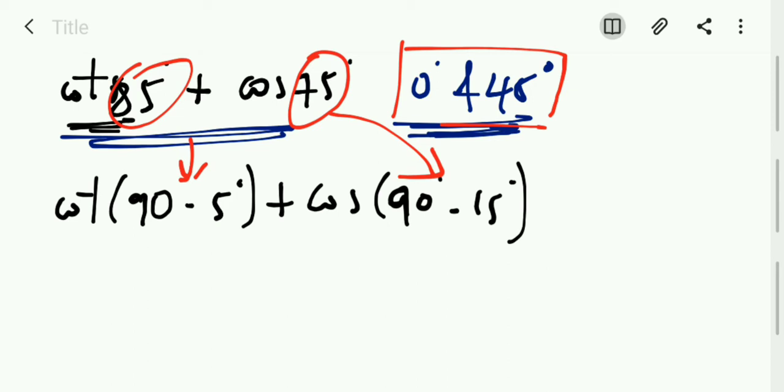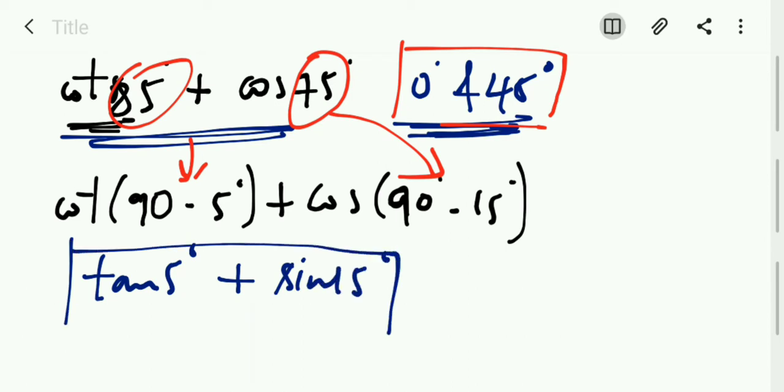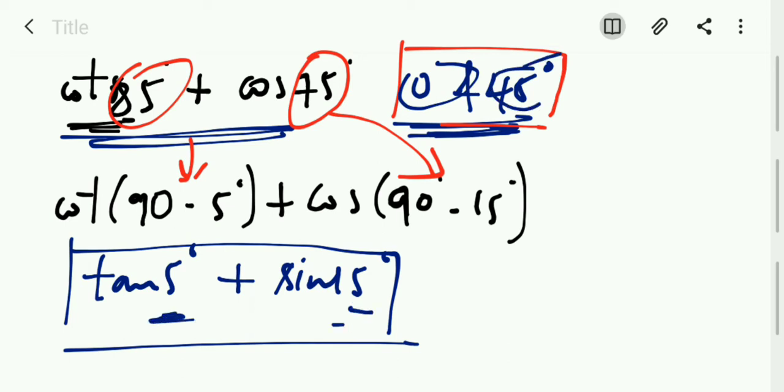It is nothing but tan 5 degree, and cos 90 minus theta is nothing but sine 15 degree. Look, we got our answer by just two simple steps, and the angles 5 and 15 lie between 0 and 45.